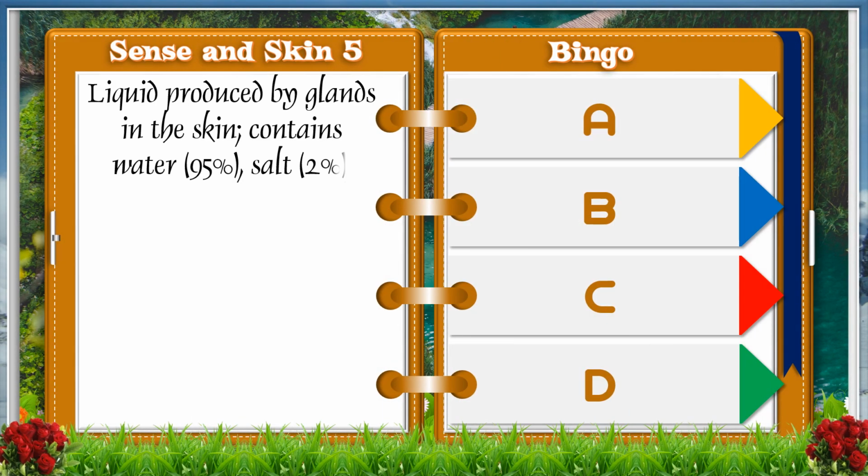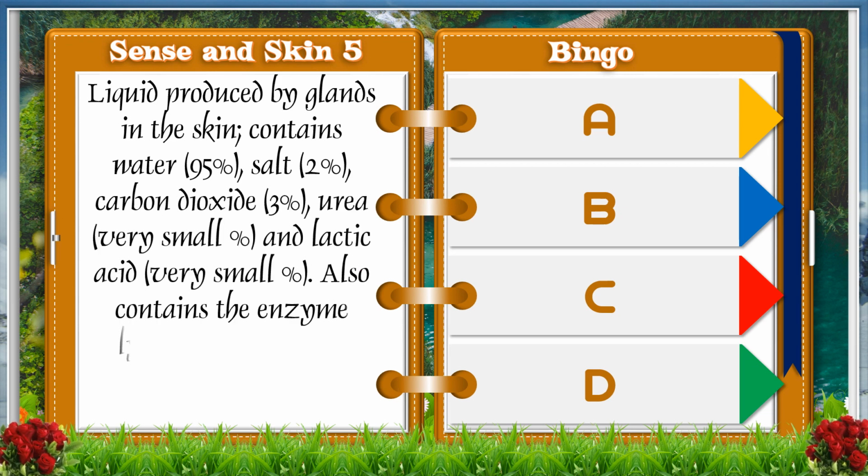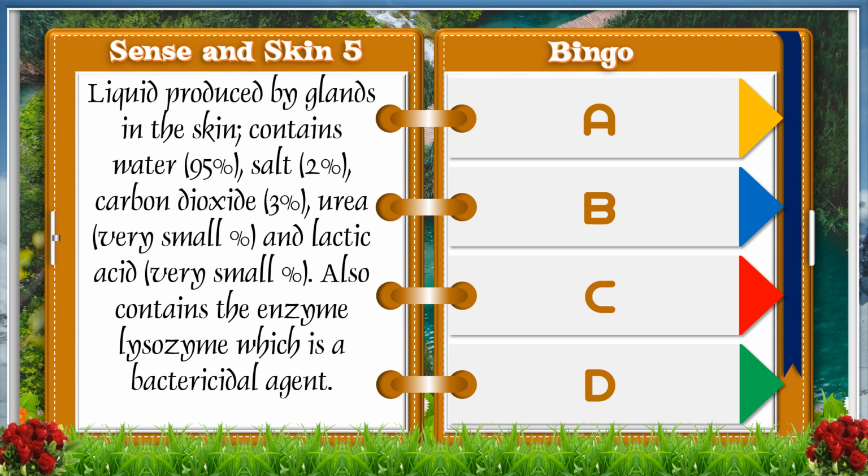Liquid produced by glands in the skin contains water 95%, salt 2%, carbon dioxide 3%, urea very small percentage, and lactic acid very small percentage. Also contains the enzyme lysozyme, which is a bactericidal agent.